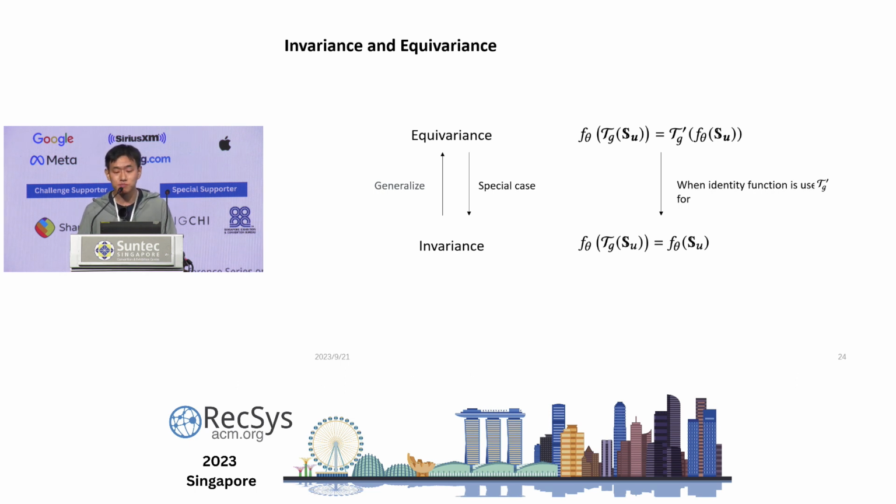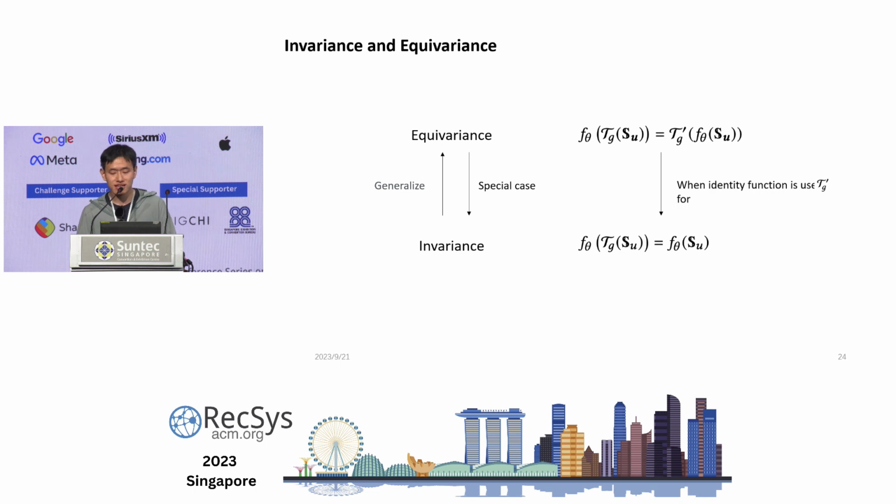From the mathematical perspective, the concept of equivariance can be defined as its formula, where G belongs to the group of invasive data augmentation methods, and T_G(S_u) denotes the function with which G augments an input user interaction sequence S_u. F_theta is the user behavior encoder that encodes dynamic user interest into behavior representations, and T_G' denotes a fixed transformation.